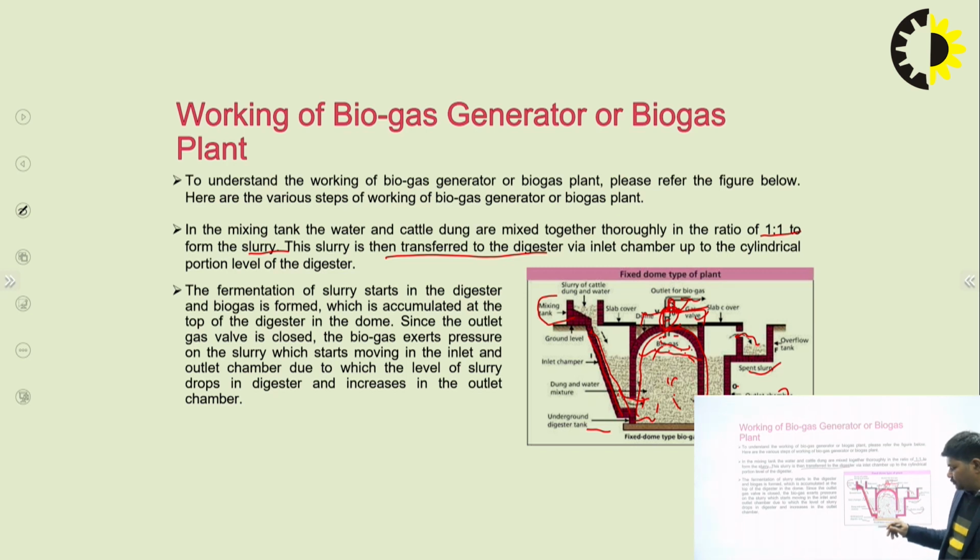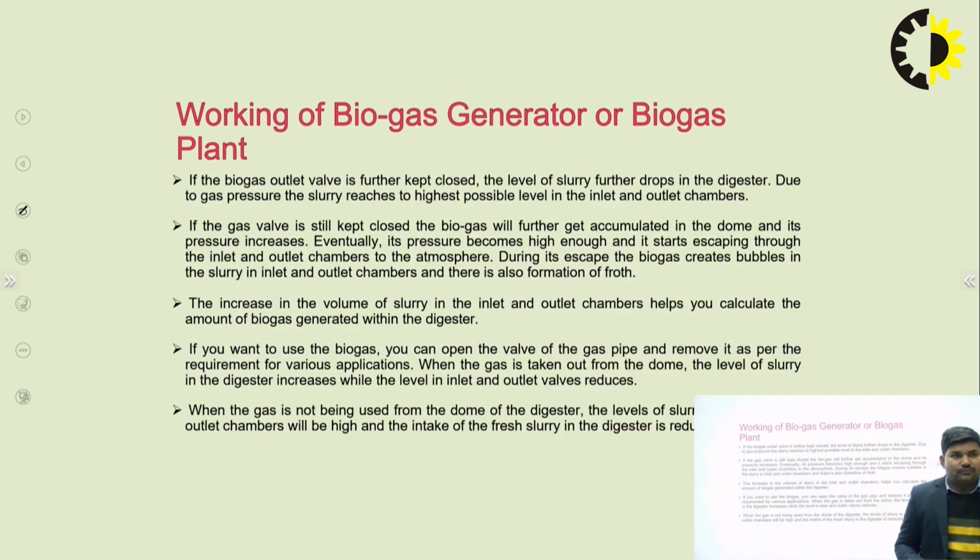In this case you can see that there is a combination of dung and water mixture. If the valve is still kept closed, the biogas will further get accumulated in the dome, and if the pressure increases and becomes high enough, it will start escaping through the inlet and outlet chamber to the atmosphere.